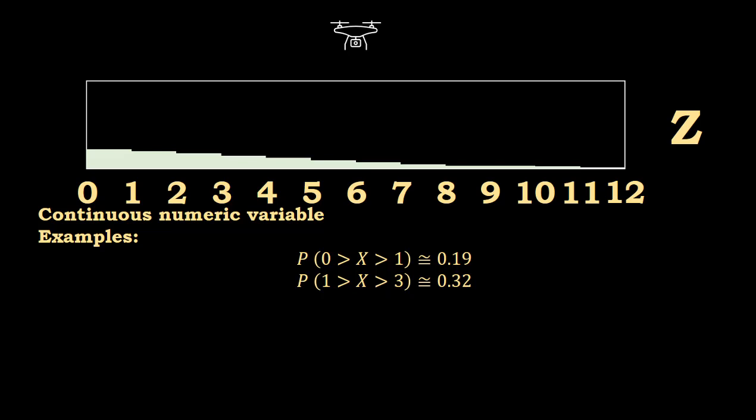And the probability of the random variable x taking values in the interval between 1 and 3 is approximately 0.32.